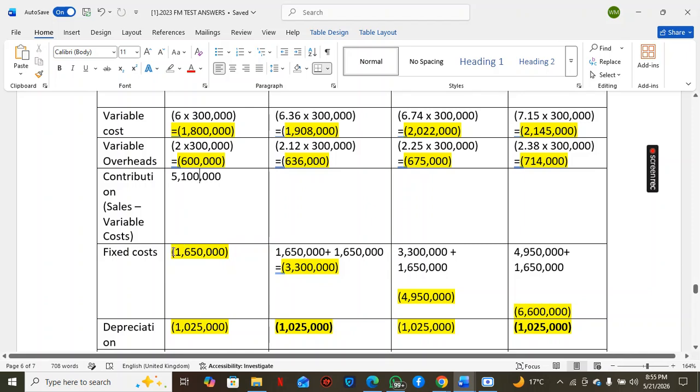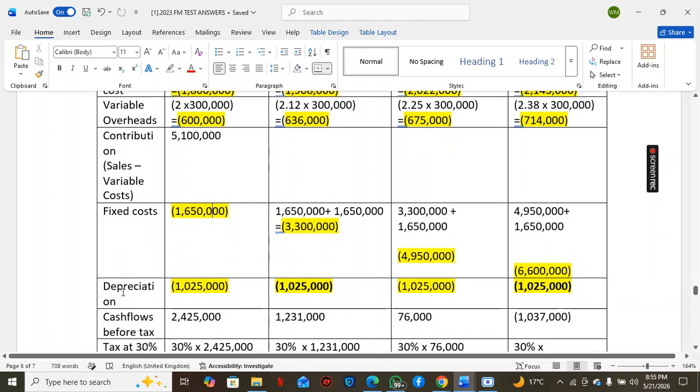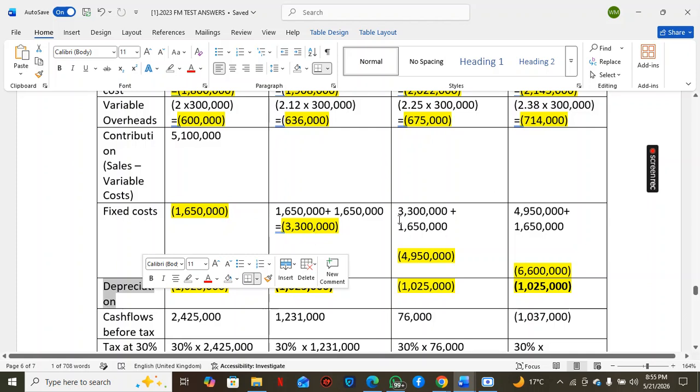Fixed costs 1,650,000. And then you've also got depreciation, which is another fixed cost. You've got two fixed costs here: these ones, which are 1,650,000, and you've got depreciation.